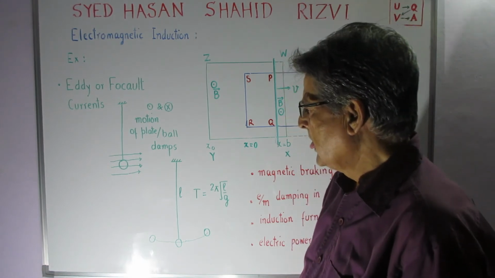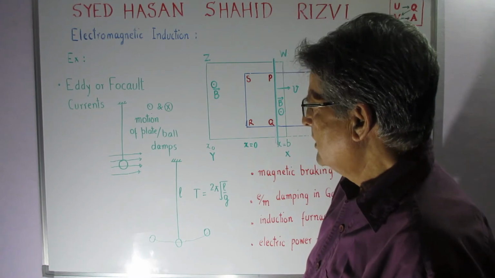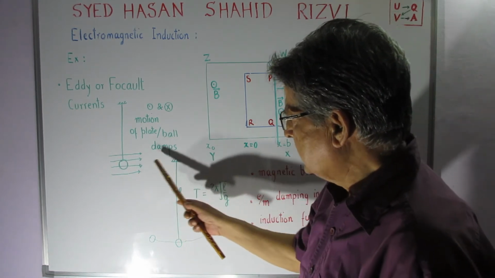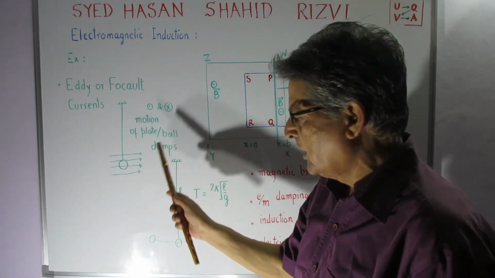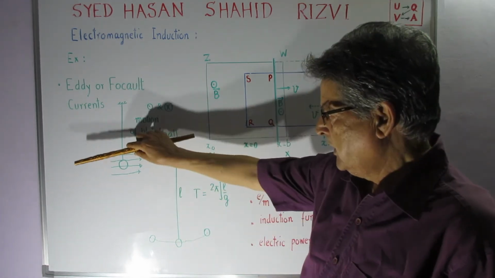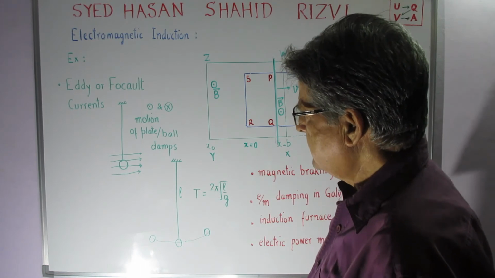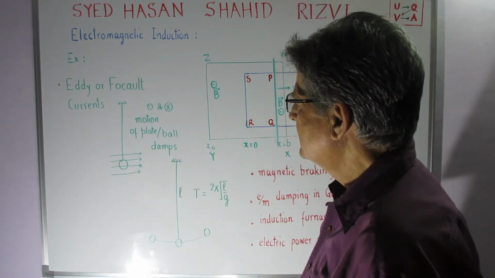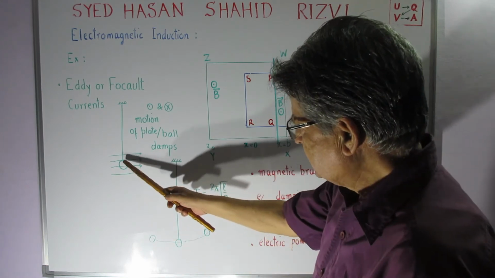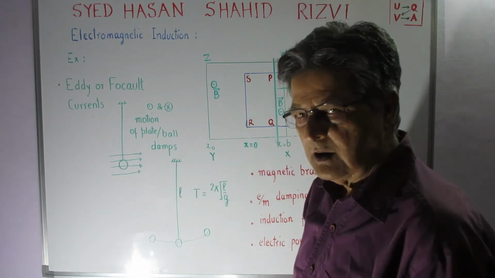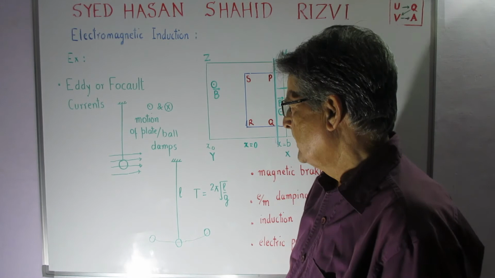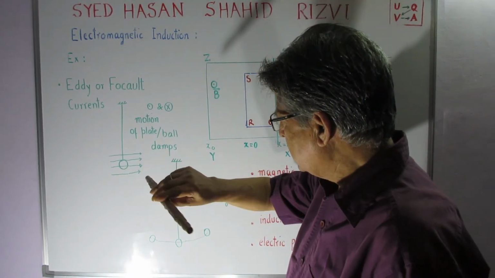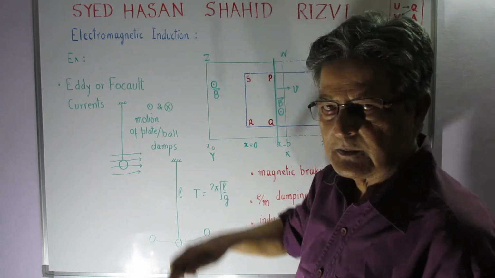Suppose there are magnetic lines of field going from left to right, and there is an area over here, and this is a ball or a plate which is going inside or outside.